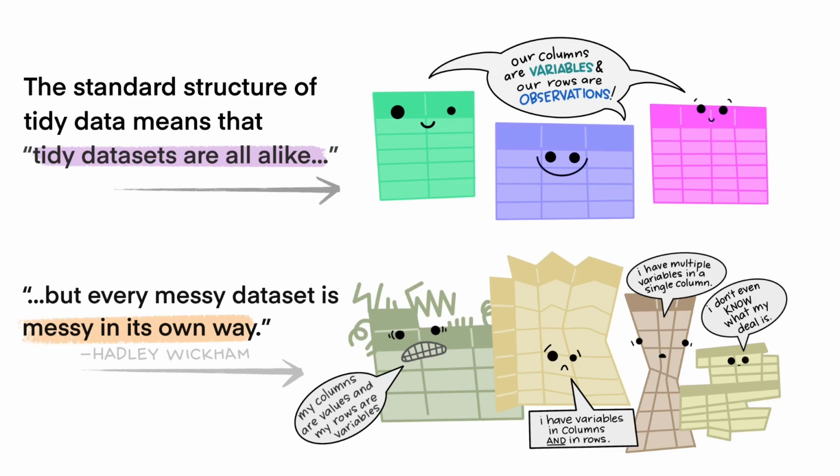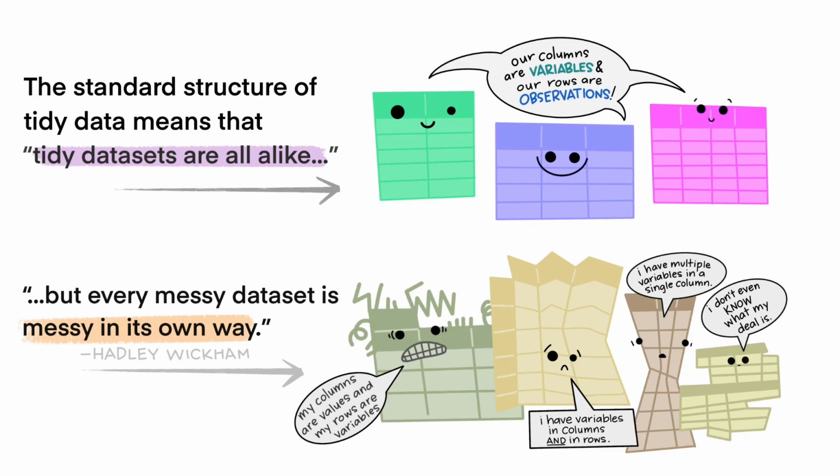So we get confused really quickly using our tools. Then the next guy, I have multiple variables in a single column. This is of course problematic when you want to do something like mutate, where you want to create a new column based on, for example, multiplication of two other columns. And when one of these columns contains multiple values, you can't do your multiplication anymore.